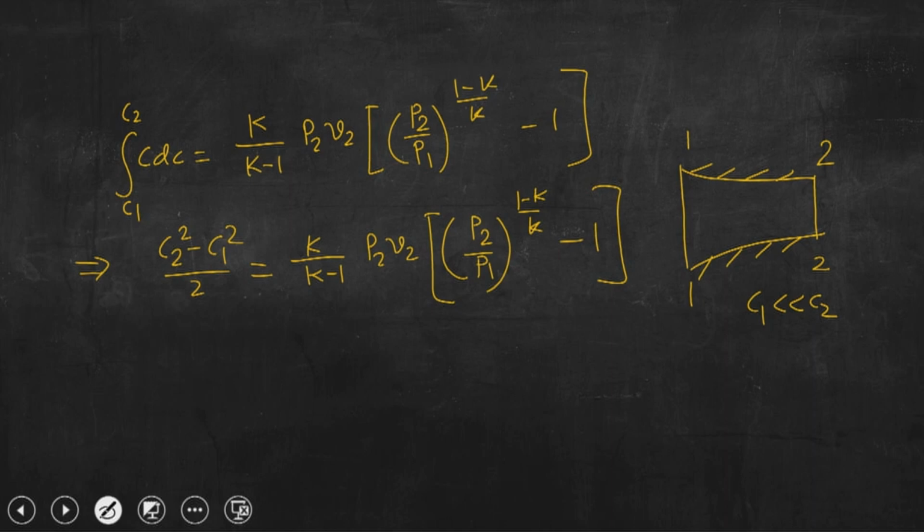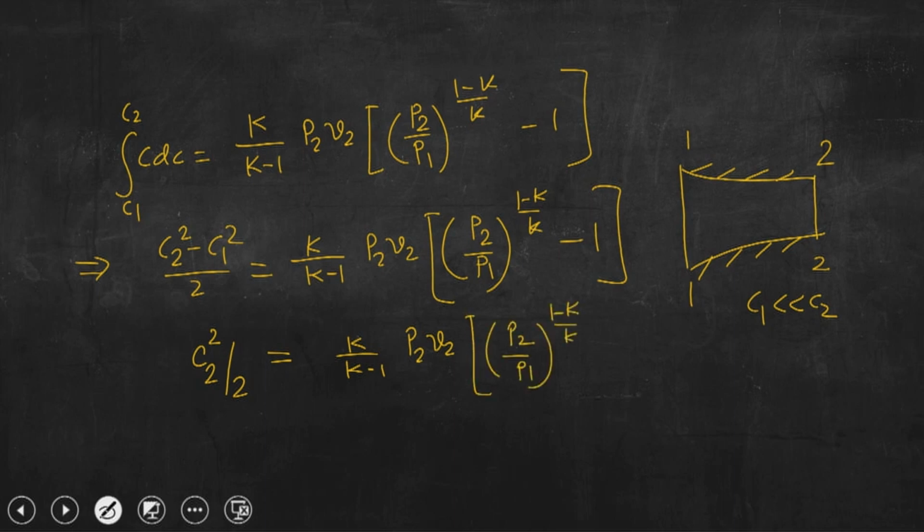So, what we can write? We can write C2 square by 2 equal to k by k minus 1 P2 V2 into P2 by P1 power (1 minus k) by k minus 1, right. So, what would be C2?